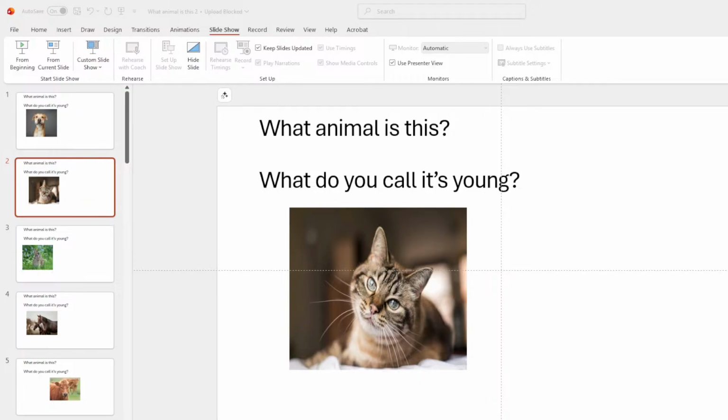Try and comment before I give you the names of the animals. Alright, so the animal on your screen right now is a cat. It's a cat. And the young one of a cat is a kitten.